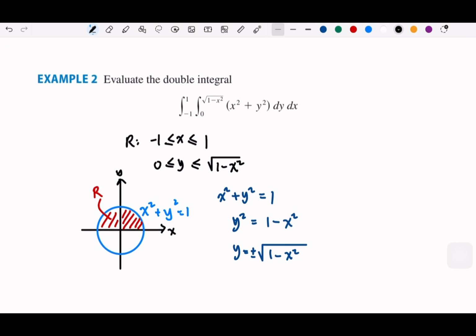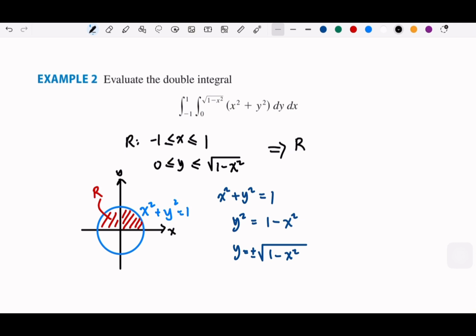So we can transform this into a new R, converting x and y. This is a radius 1, right? If we turn to polar, imagine this is angle 0, and then we rotate until this side, which is pi. So the angle is from 0 to pi. For the radius, because there is nothing hollow inside, we can assume the radius goes from 0 to 1.